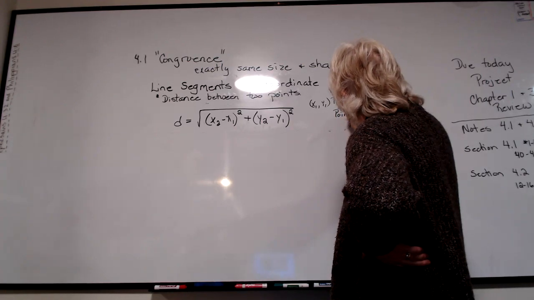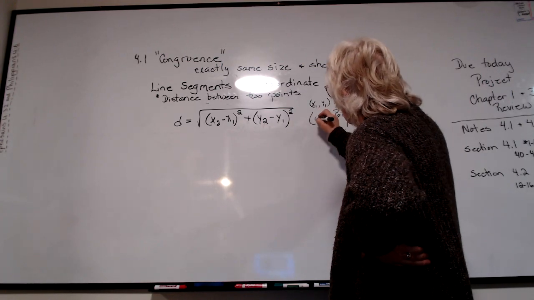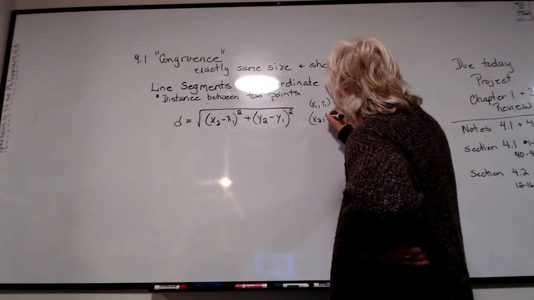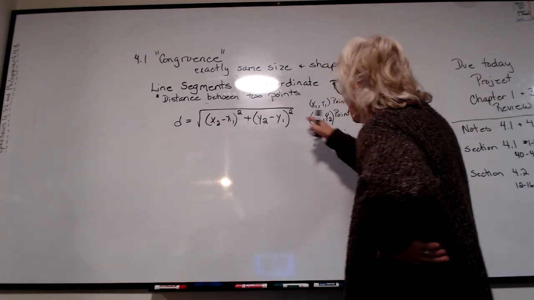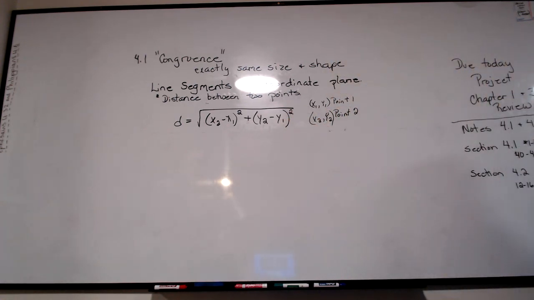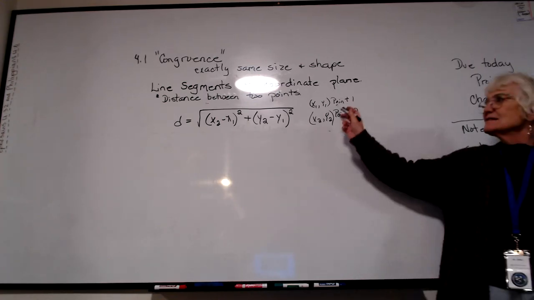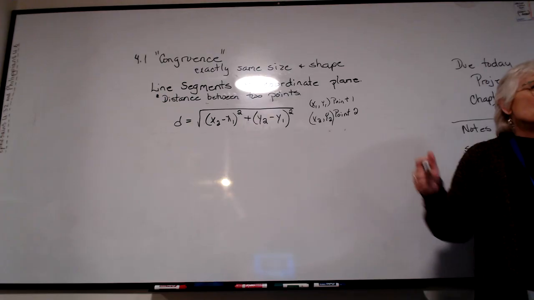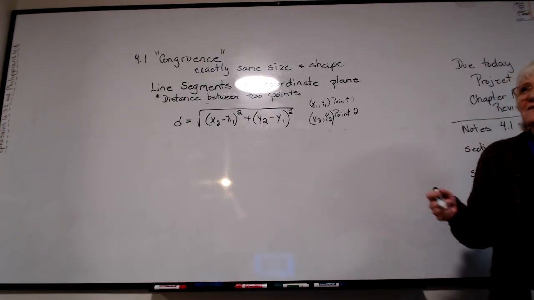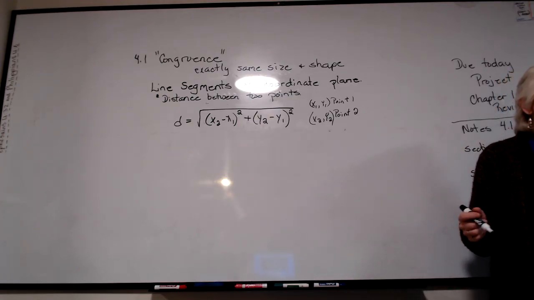Point 2 is called x2 and y2. That's what those stand for, okay? You need to know what those mean. You're supposed to be consistent, but when you do it, it's probably not going to make a difference because you're going to square the answer anyway, okay?